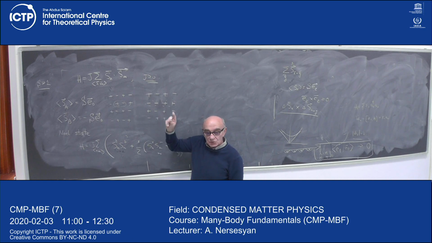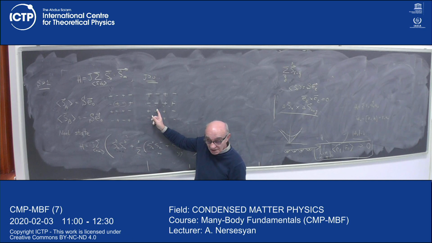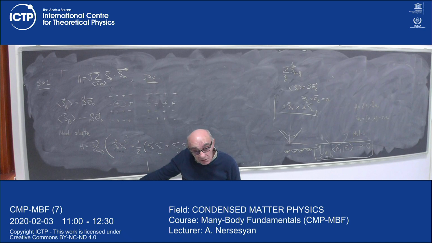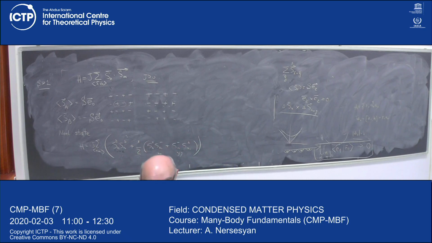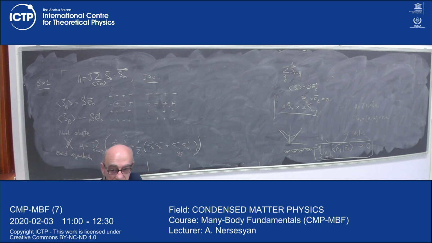And then I would have to write down the action of the Hamiltonian onto this new state. It will again bring me back to the old state and create something new. It will be a chain process. I will never stop. Which simply means that whatever I started from, the initial state, is not an exact eigenstate of the antiferromagnetic quantum Hamiltonian.